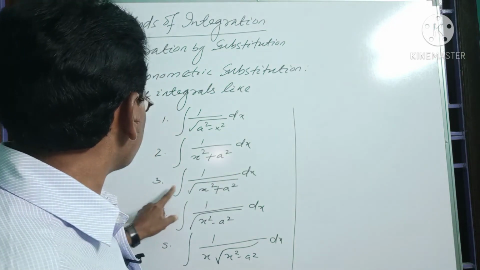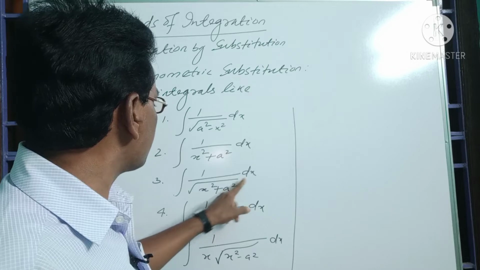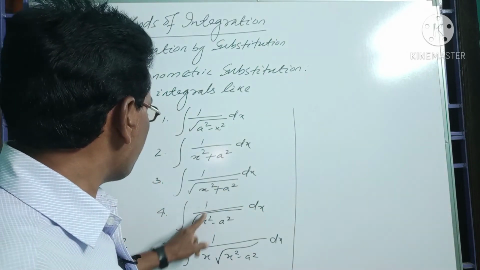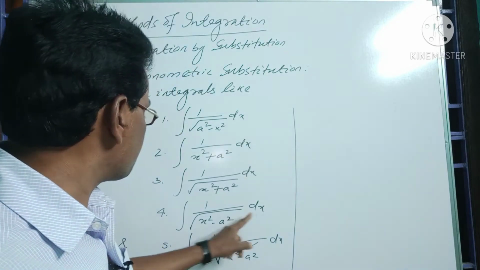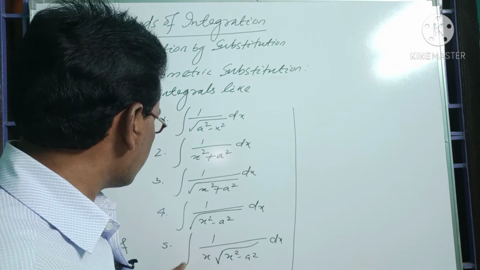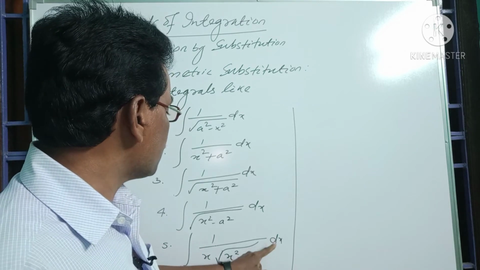Also in third, we may face integrals like integration of 1 by root of x square plus a square with respect to x. Then we may face integrals like integration of 1 by root of x square minus a square with respect to x. At last, we may face integrals like integration of 1 by x into root of x square minus a square with respect to x.